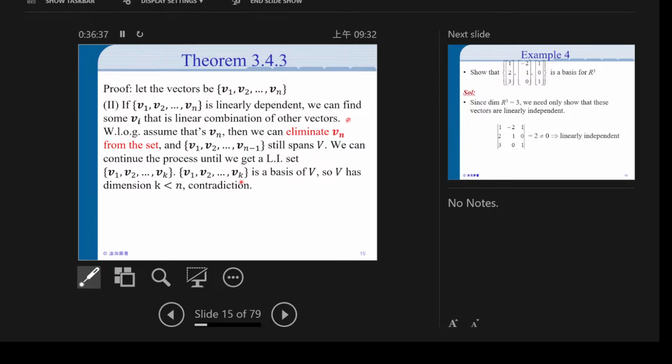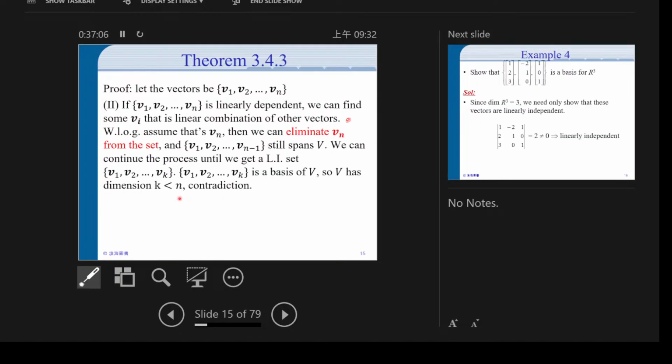So at the end we get a set that is both LI and still spans V. So that's a basis for V, but k is less than n because we have eliminated some vectors, and that's a contradiction. And so we see that this set of n vectors must be linearly dependent if we want to span the whole space V.